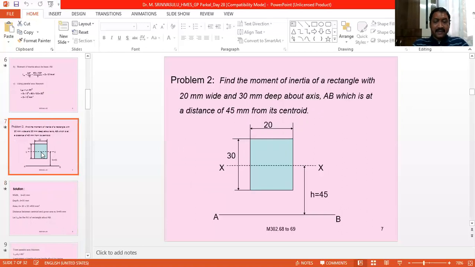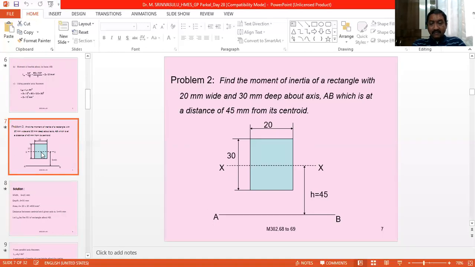So now we take this figure also. In this figure, it is having a width of 20 millimeters and depth of 30 millimeters, and x-axis is the central axis which is passing through the centroid, that is the midpoint of the given rectangle, and there is another axis AB which is at a distance of 45 millimeters from the x-axis.